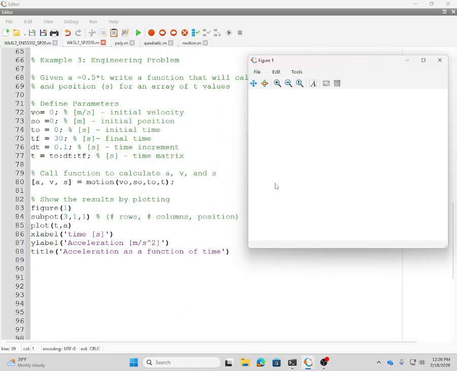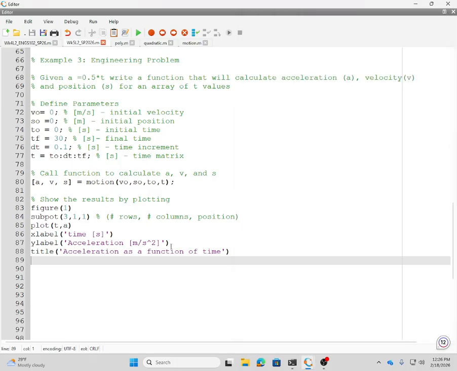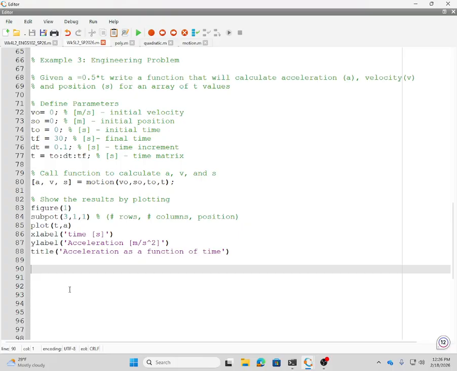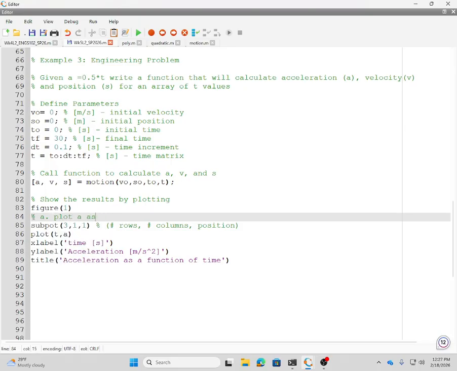This figure 1 showed up here. All right. I'm going to put a title here: A, which is plot A as a function of t.